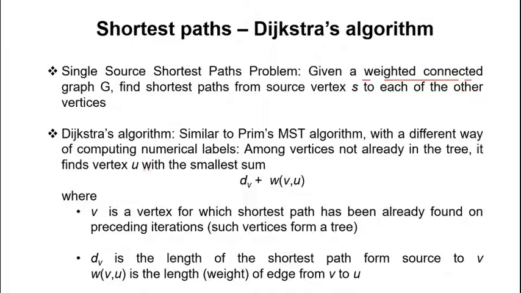It finds vertex u with the smallest sum with this formula: dv plus w(v,u), where v is a vertex for which the shortest path has already been found on preceding iterations, such vertices form a tree, and dv is the distance, the length of the shortest path from source to v, and w(v,u) is the length, the weight, of the edge from v to u.